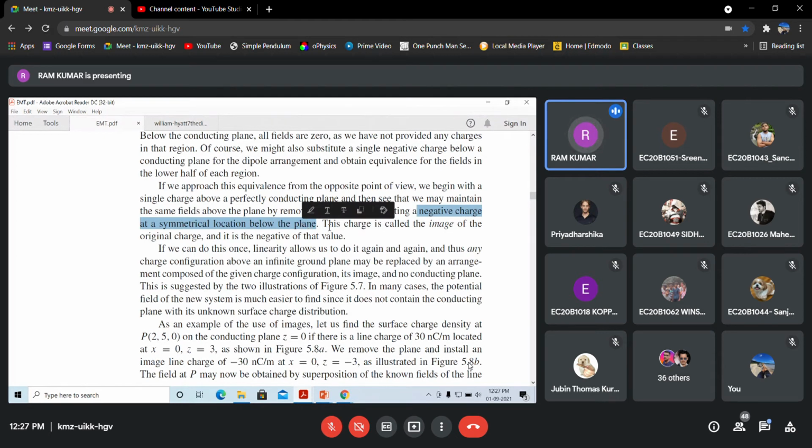The newly introduced negative charge is called the image of the original charge. It has a negative value because it should be of opposite sign. So this technique is called the method of image. So simply remember what the method of image is.